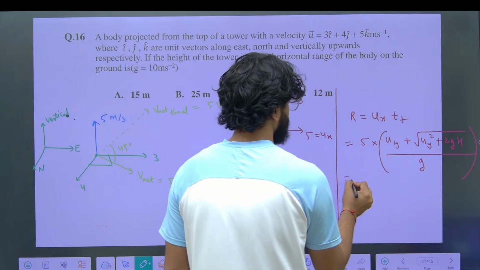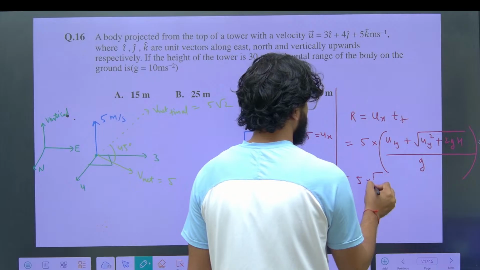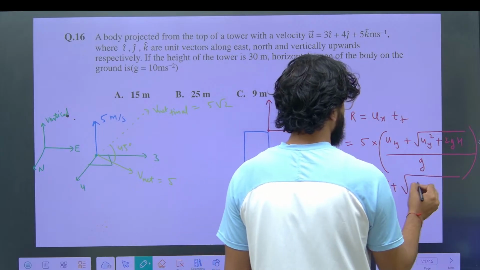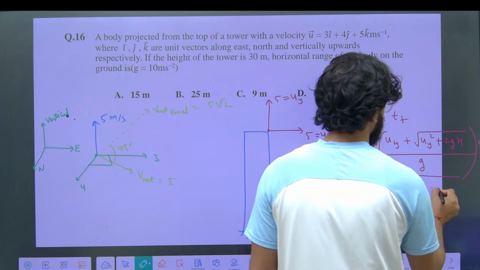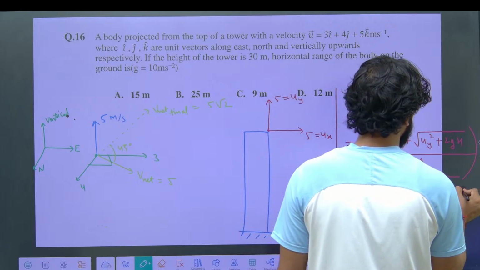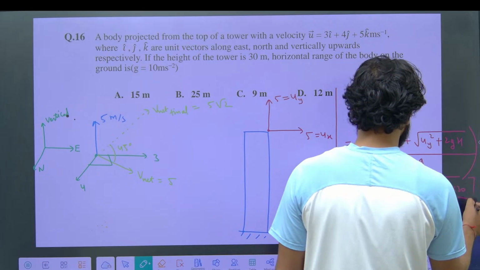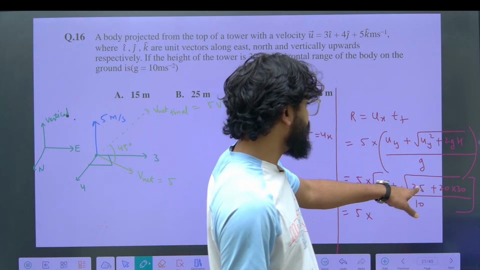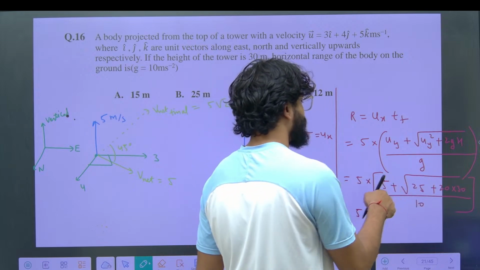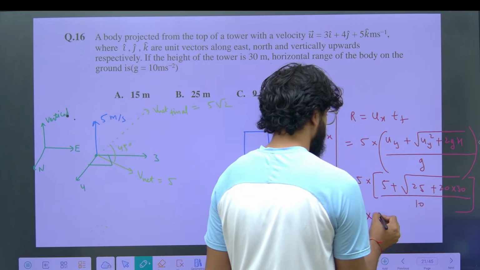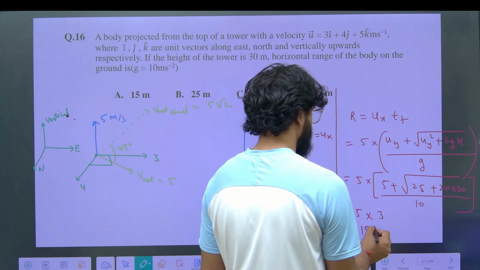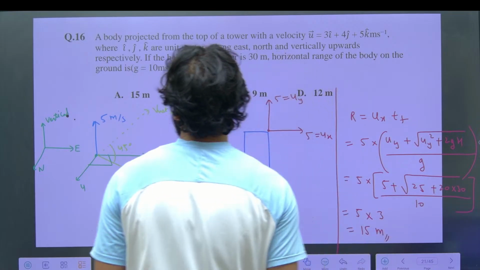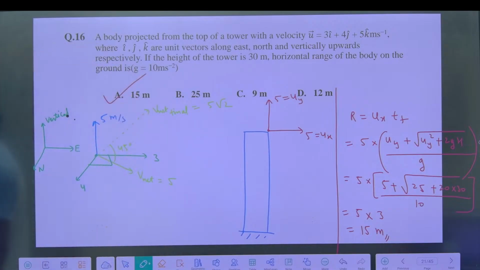So 5 into 5 plus under root 25 plus 20 into 30. Thank God that is coming out as a very good number. I didn't expect that, but that is 625, that is 25, 25 and 5, that is 30, 30 upon this, so this is 3, so answer should be 15 meters. So answer over here should be 15 meters.